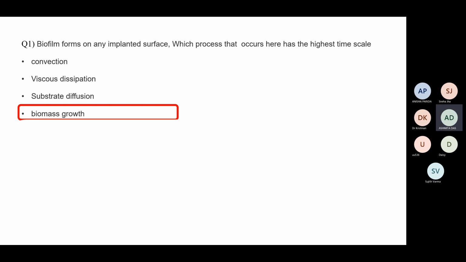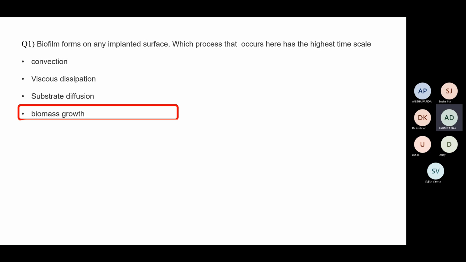Okay, so I'll explain. Here are the various processes which are involved during the process of biofilm formation. The extreme left corner is the mass transfer, and this arrow describes the fast processes, and this side mostly describes the slow processes.